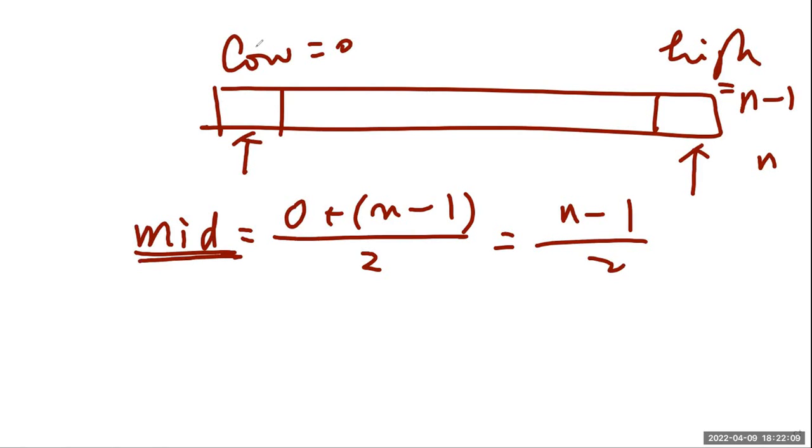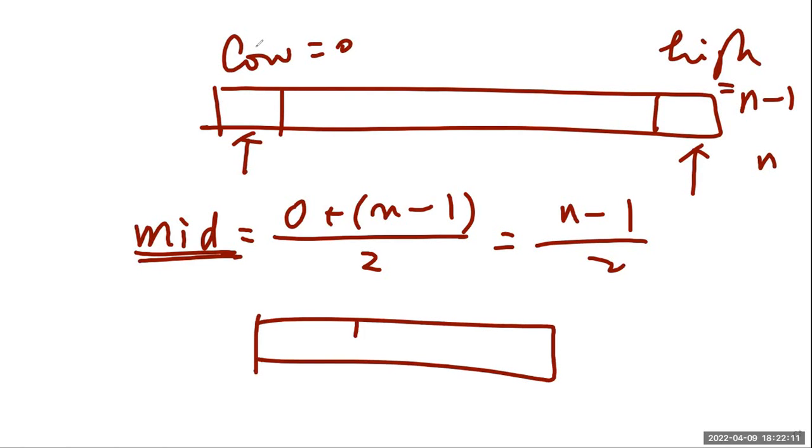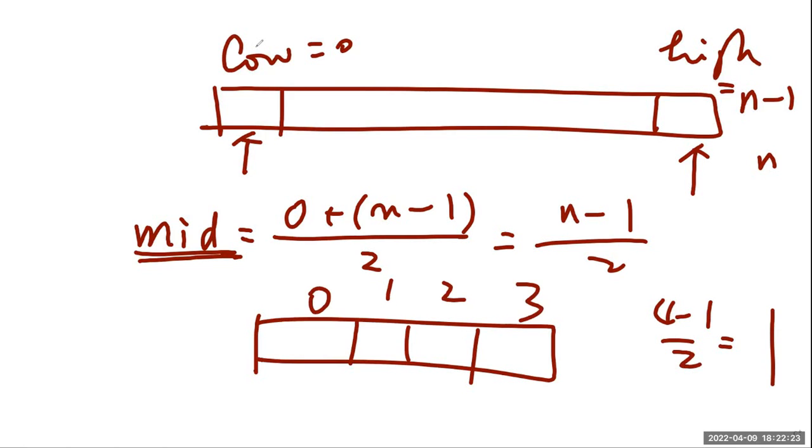Let's assume that here we have 4 elements. You have 4 minus 1, which is 3, divided by 2, so it's actually 1. So 0, 1, 2, 3, and then the mid value will be this one. It will be the middle one, but on the smaller side.